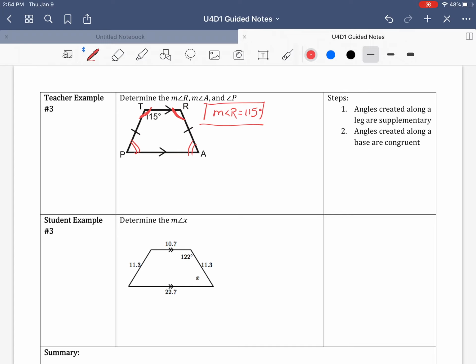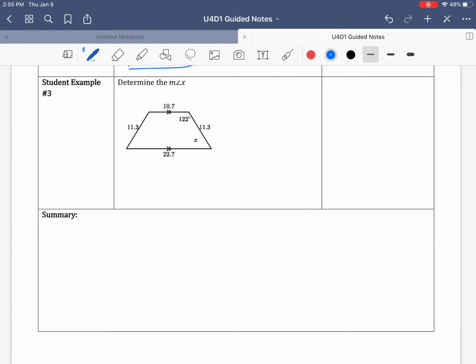Now, we also know one of our theorems about trapezoids is that the angles that are created by a leg, which is right here, are supplementary. So we know that angle P plus 115 equals 180 degrees. So to solve for angle P, we're going to subtract 115. And then the measure of angle P equals 65 degrees. And then we know that angle P and angle A are the same. So the measure of angle A is also 65 degrees.